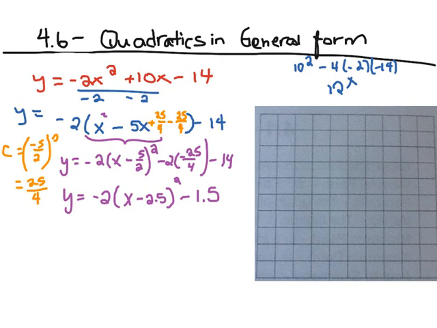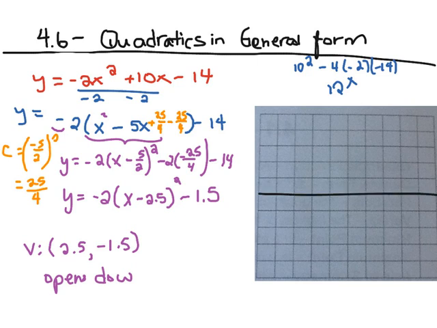So we know that our vertex is at 2.5 and negative 1.5, and it opens down because of this. So when we go to graph, draw your axis.